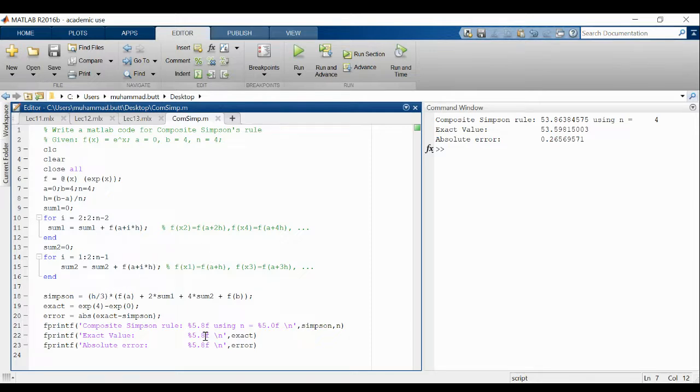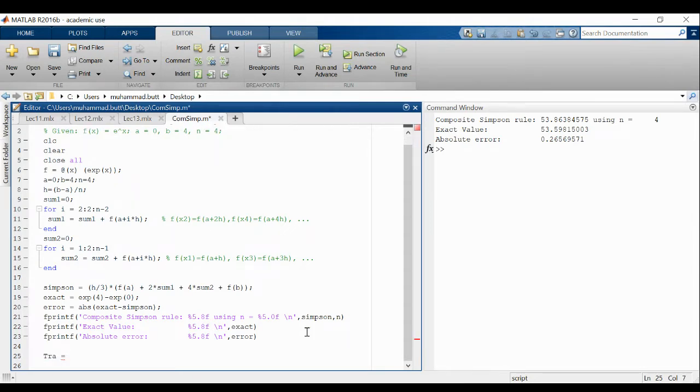What does the trapezoidal rule say? It is, I think, h over 2 multiplied by f of a, plus the sum, plus f of b, and this sum, if I remember, is multiplied 2 times.